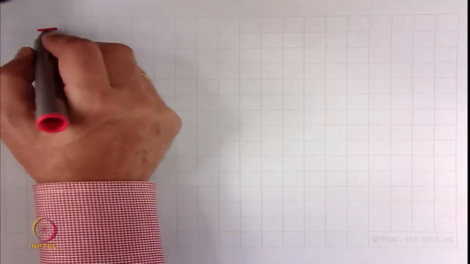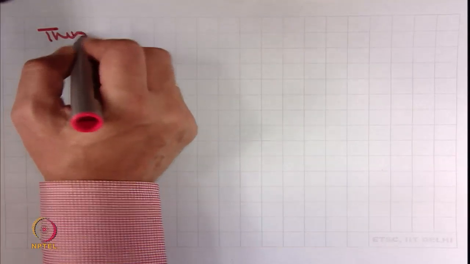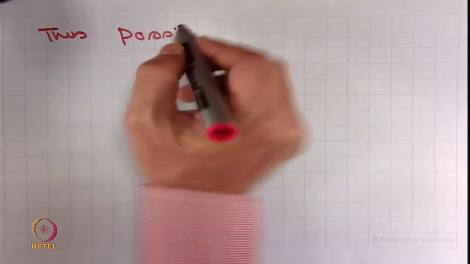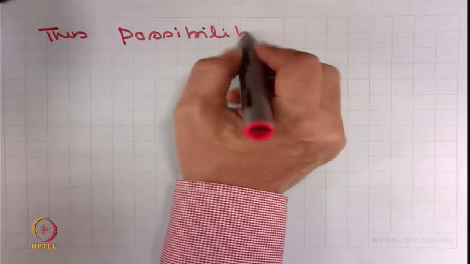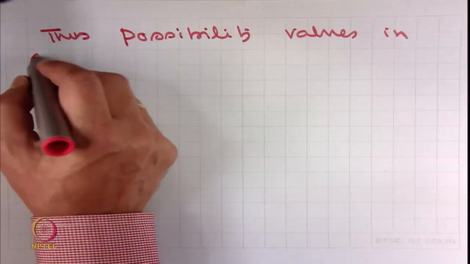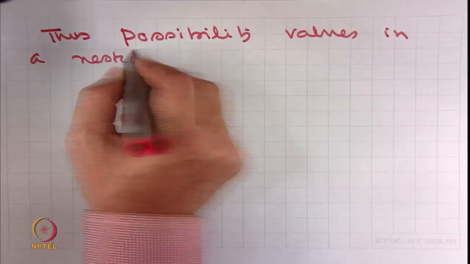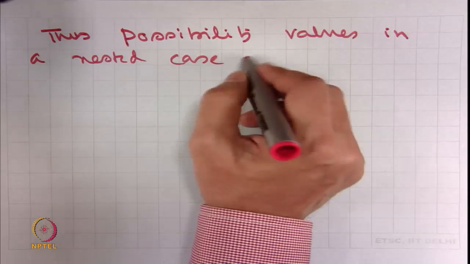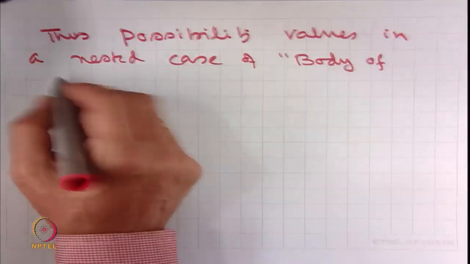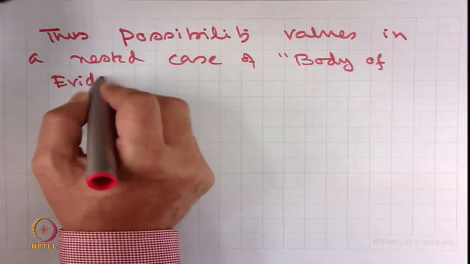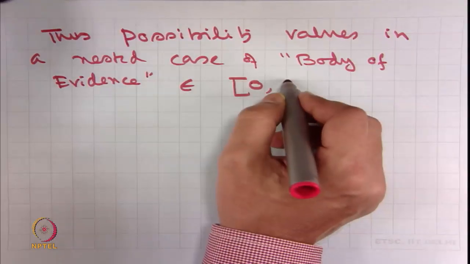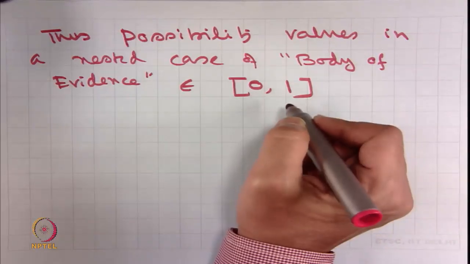So, thus possibility values in a nested case of body of evidence belongs to the set 0 to 1.